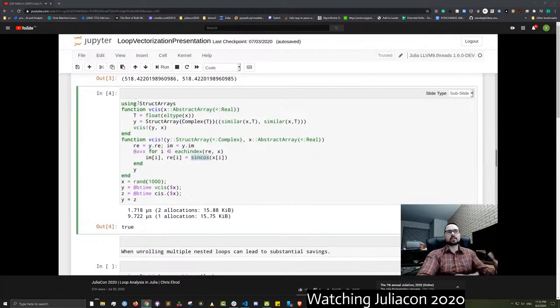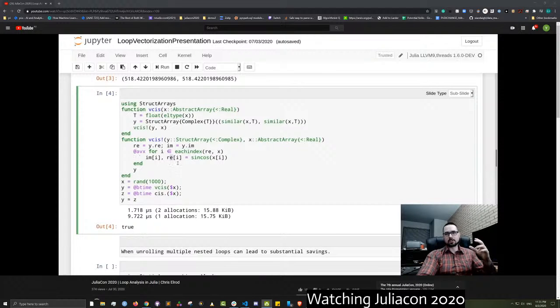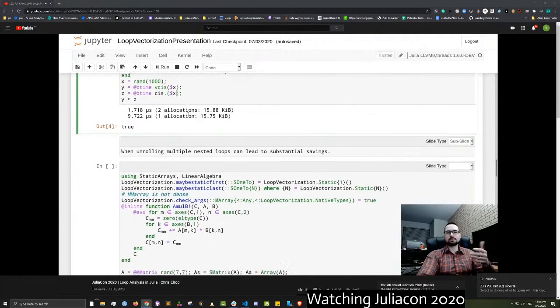So StructArrays suddenly makes all of the imaginary and all of the real numbers contiguous, and then loop vectorization gives us a SIMD sincos, so that now we can calculate cosine and imaginary sine much more quickly than the base implementation.